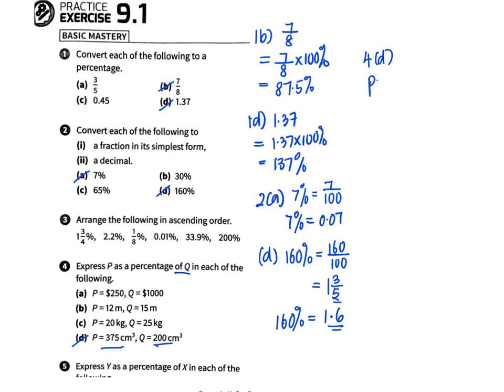So please write a description: percentage equals P out of Q, 375 out of Q, which is 200, times 100%. You must check the base value. Make sure the base value is correct. So this number will be 187.5%. Have you gotten the answer?